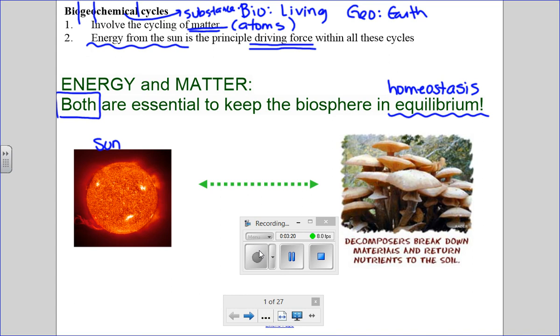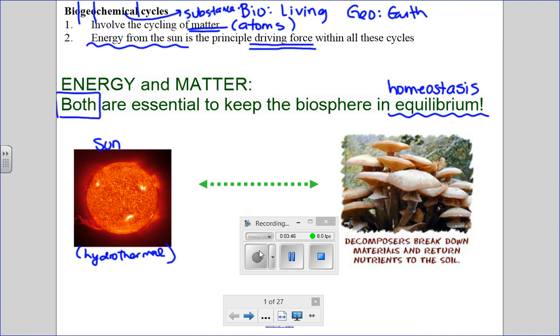So I put a picture of the sun here on the left because the sun is the main source of energy on our planet. I could add hydrothermal vents here because we know that a fraction of energy is also produced by chemosynthesis. But since the sun is the huge majority, it's the one that we usually focus on the most.